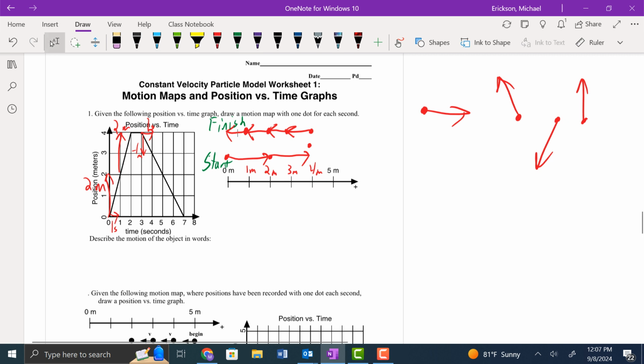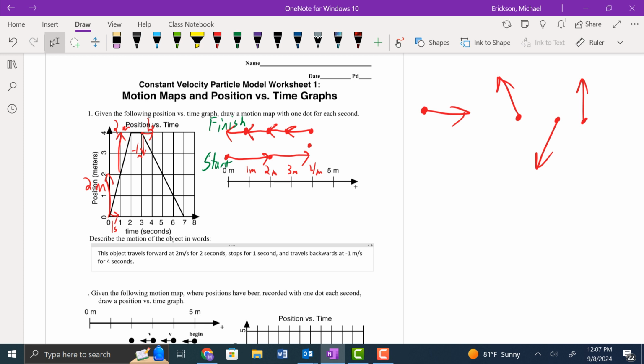All right, let's describe the motion of the object in words. This object travels forward at 2 meters per second for 2 seconds, stops for 1 second, and travels backwards at negative 1 meters per second for 4 seconds.